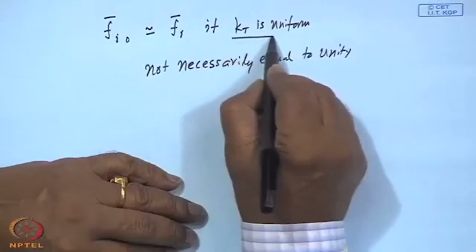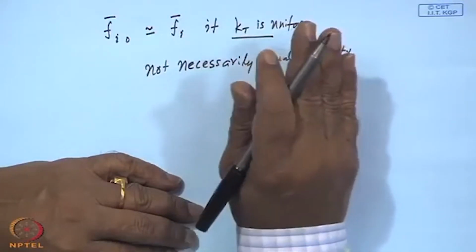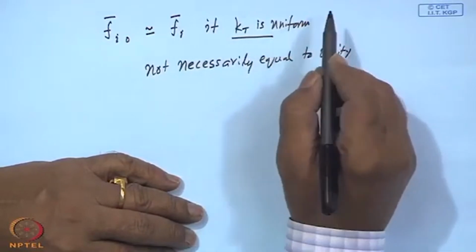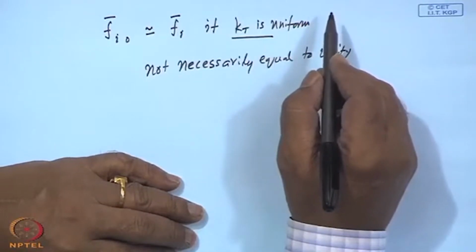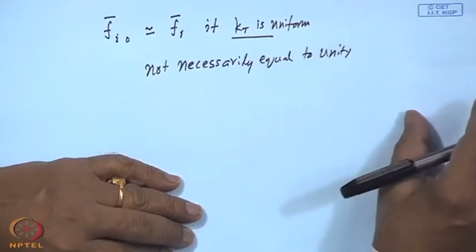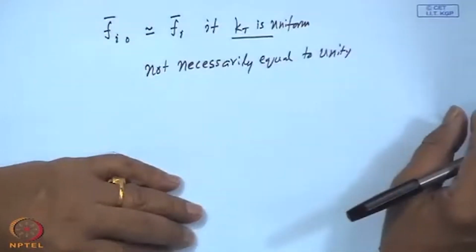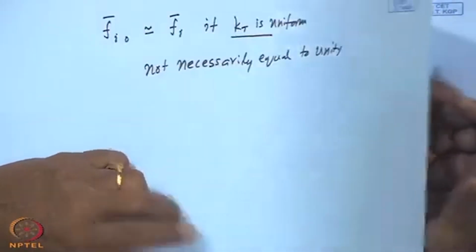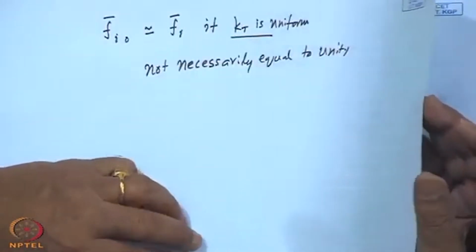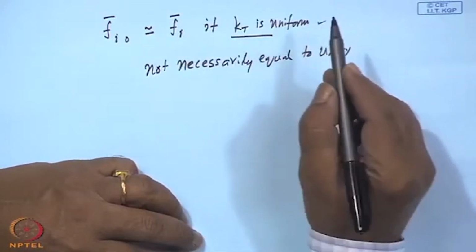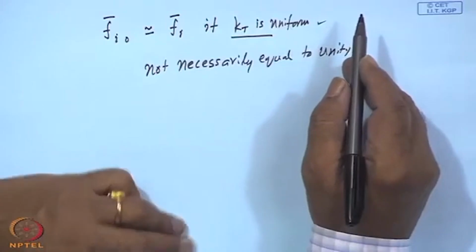We found that if Kt is not necessarily equal to unity but is uniform, it will be quite acceptable, and it will be exactly equal to the calculations we made under extraterrestrial conditions. And Kt is more or less uniform when the solar radiation is high, in general let us say 10 to 2 pm. Consequently, this will be acceptable as a good approximation.